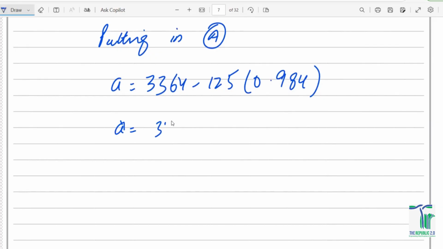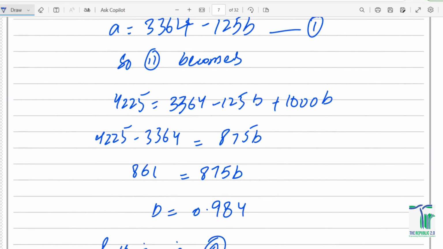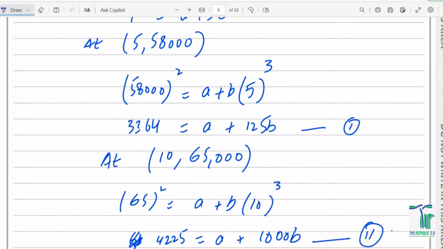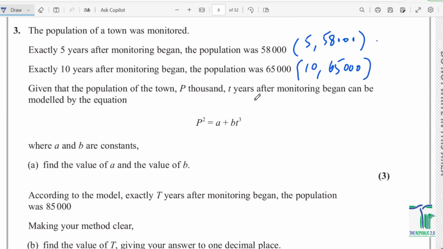So a is equal to 3364 minus 123, and that is going to be 3241. So that is how you'll eventually get the value of a, right? So you've got a and you've got b, and that's it. So the modeled equation would be changed a bit, because you're going to plug the values of a and b.